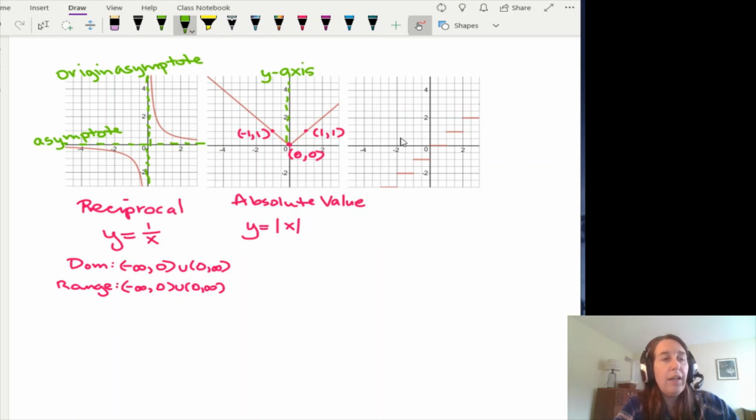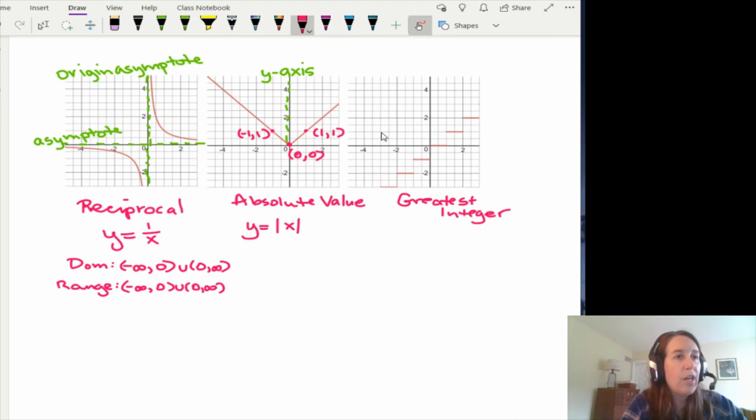Okay, and then finally we have this really weird function that's made up of a bunch of different pieces, and this is called the greatest integer function. Your book uses this one a bit, but we really don't study it a lot, so I don't want to spend too much time on it, except to say that the graph here is a little bit inaccurate.